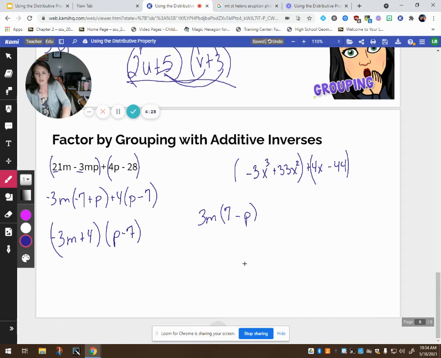And over here, I factored out a 4, so I would have had a p minus 7. So these would have been different terms. See, this is a negative, this is a positive, this is a positive, this is a negative. So the reason that I pull the negative out is because then that makes these alike. A negative times a negative makes that a positive 21. A negative times a positive makes that a negative 3mp.